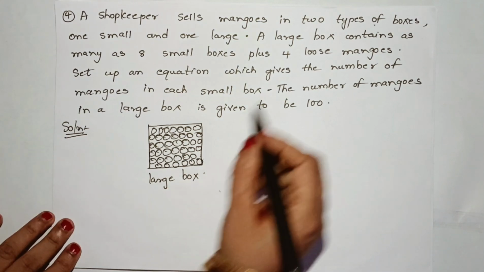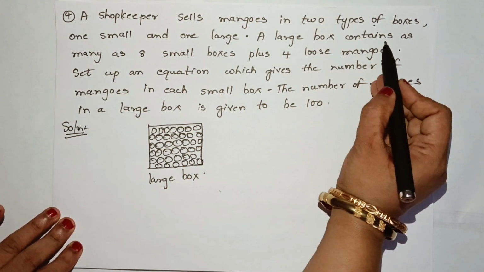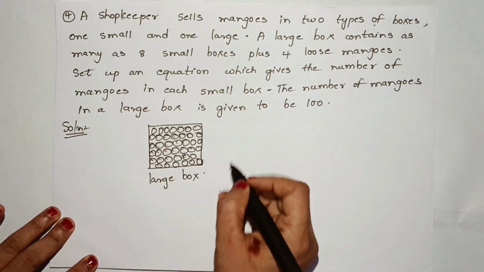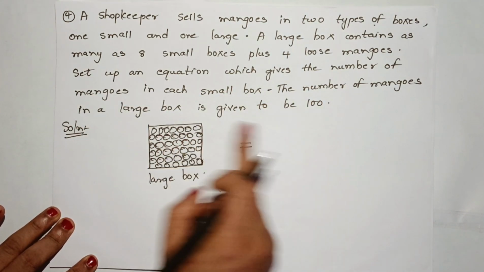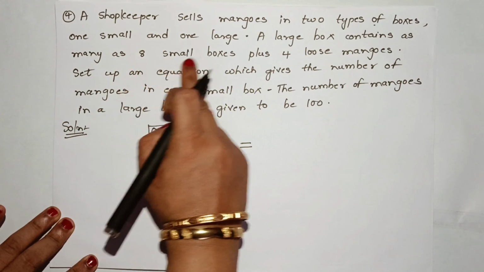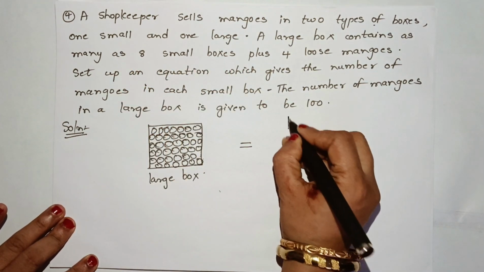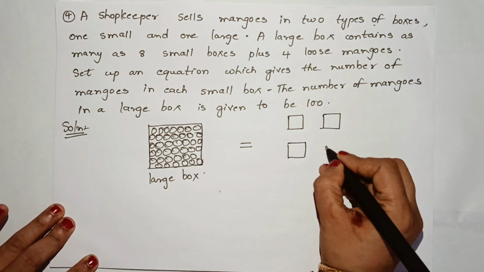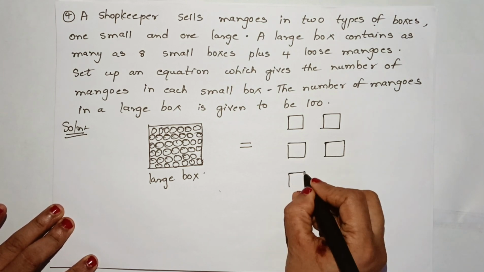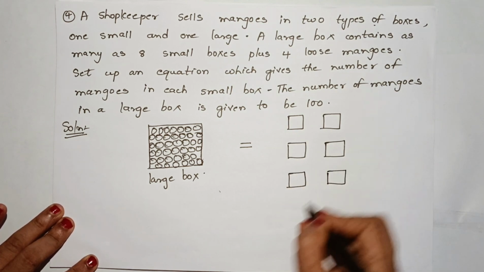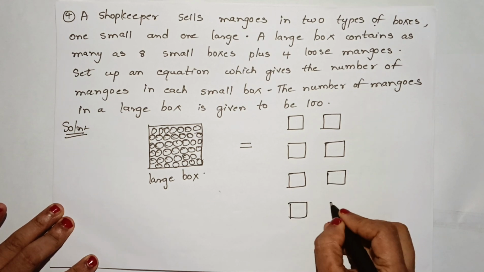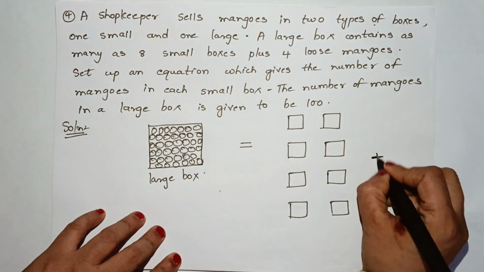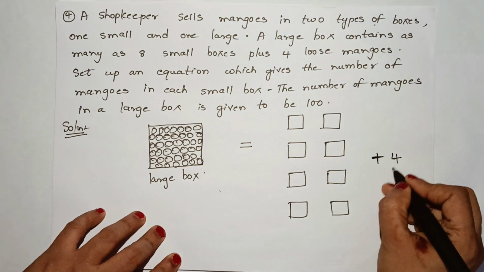Okay. Now, a large box contains as many as 8. As many as, it means both are same, but 8 small boxes. So 1, 2, 3, 4, 5, 6, 7, 8. 8 small boxes plus 4. So these are loose mangoes.